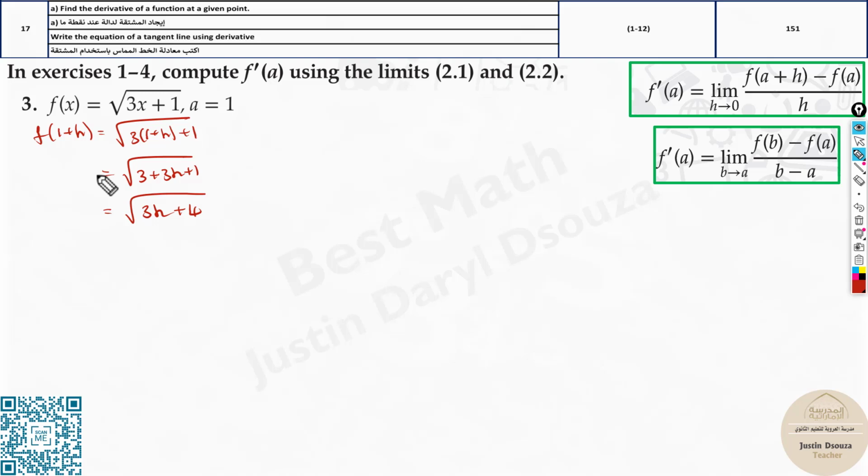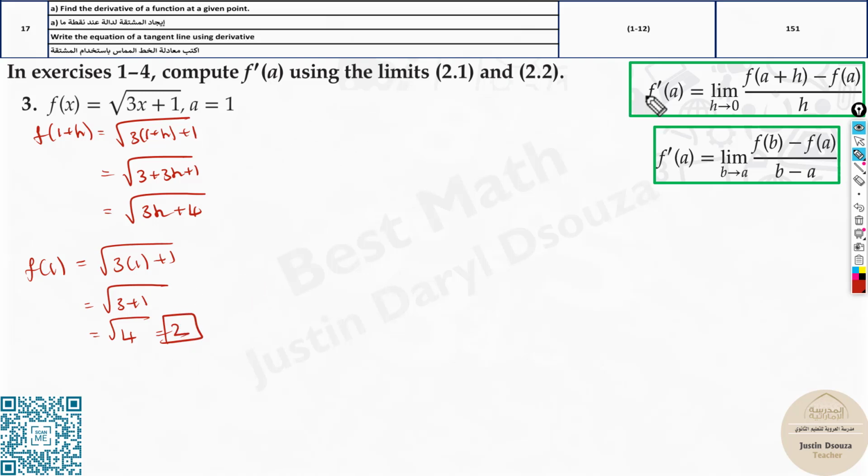Okay, and what about the other thing? f of 1 will be equal to the square root of 3 times 1 plus 1, that is the square root of 4, that is 2. You can use a calculator directly, but anyways.